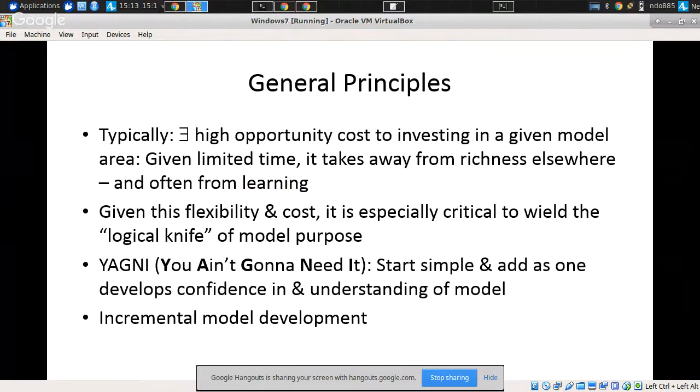Now, there's a principle that's articulated in software development, and some of you indeed will have heard me in 205A over in Thorvaldsen expound on the YAGNI principle in software development. This principle says ya ain't gonna need it.